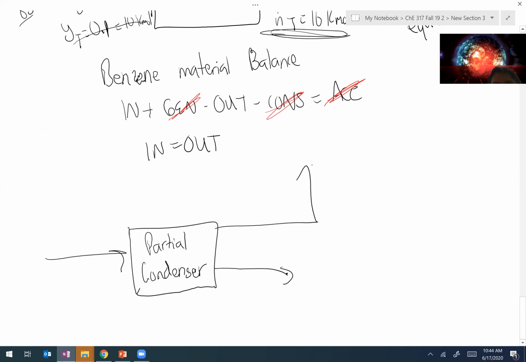where in this case, what I could have is, let's say, 100 kilomoles coming in, where the benzene is, what did I have, 0.9, and the toluene is 0.1. And what that means is I can have some still exist as vapor and some still as liquid. And so in this case, I have 90 kilomoles and 10 kilomoles of benzene and toluene respectively.